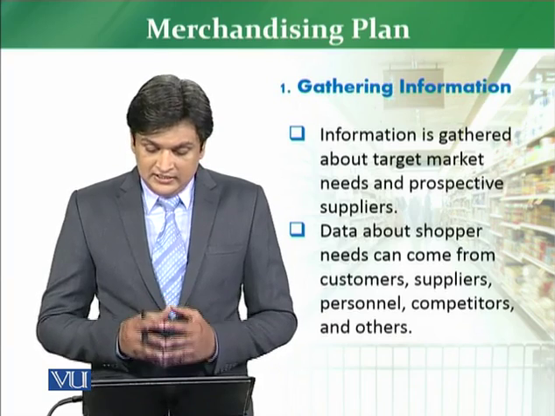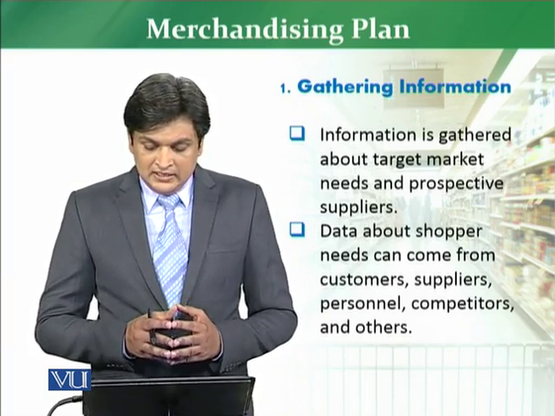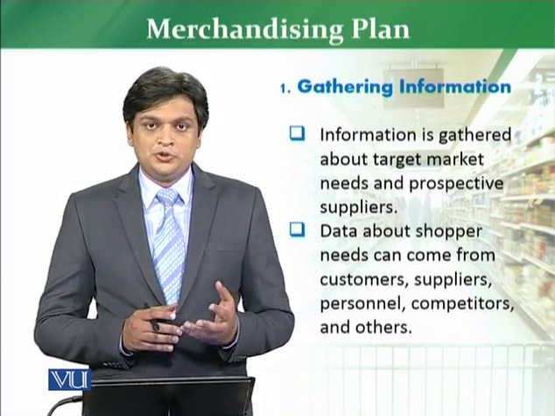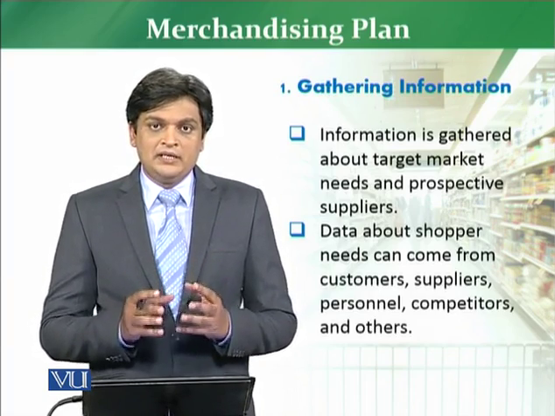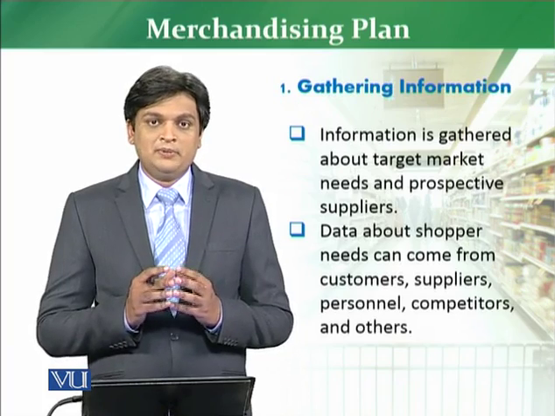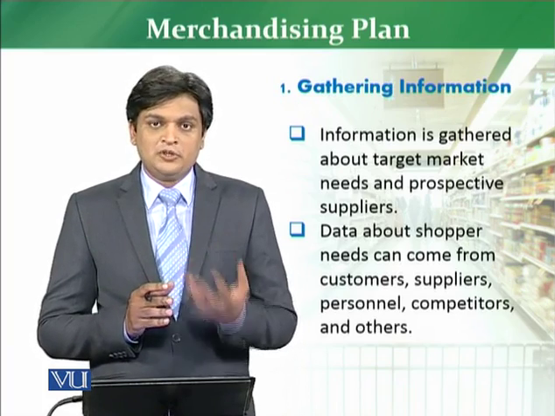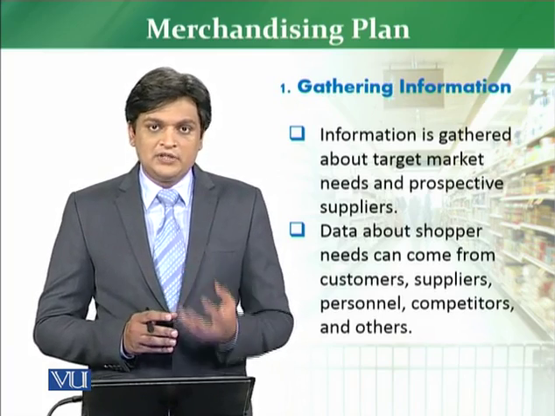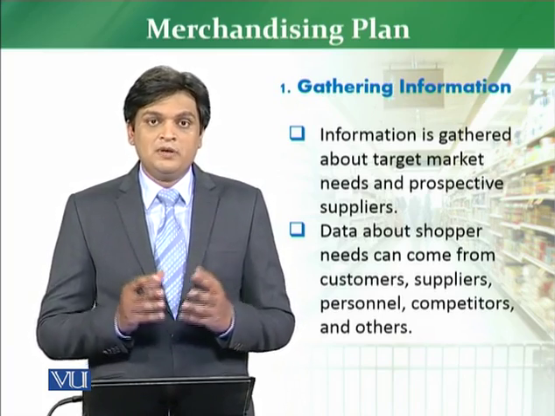Then data about shopper needs can come from customers, from suppliers, or from any other sources. Normally the target market data tells you about customers, you get information from your suppliers, and you also get information from research on the customers. You also get this information from your competitors.